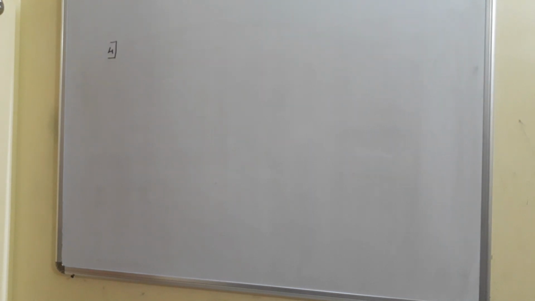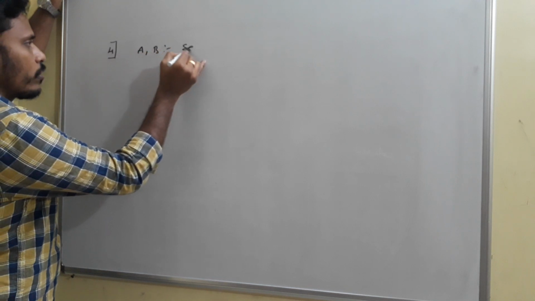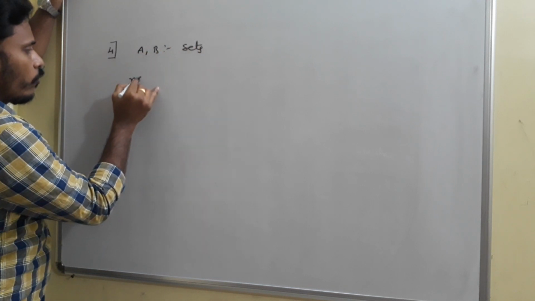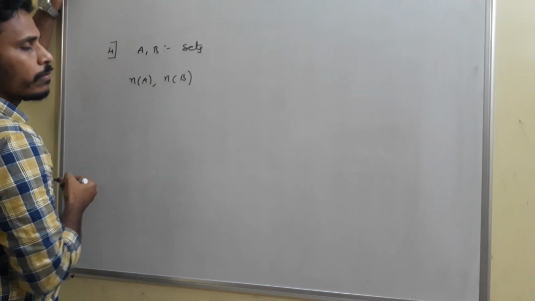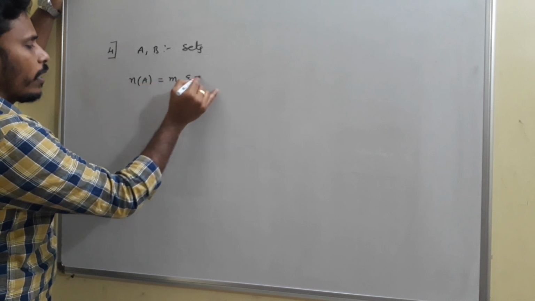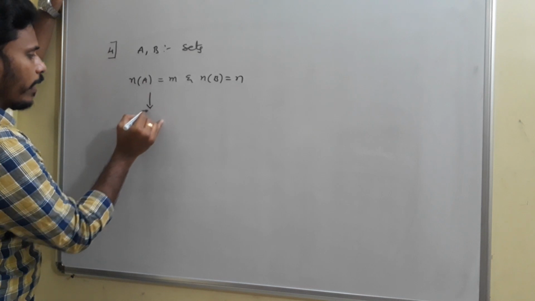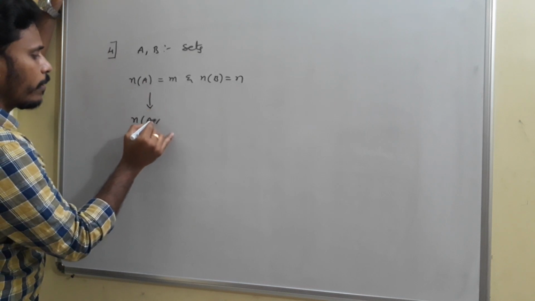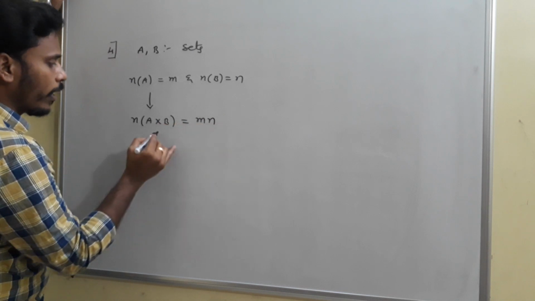Until now, just think about the notations. For suppose A comma B are any two sets, and n of A and n of B are the number of elements. If n of A is equal to m and n of B is equal to n, then the number of elements of A cross B, n of A cross B, will be m into n.